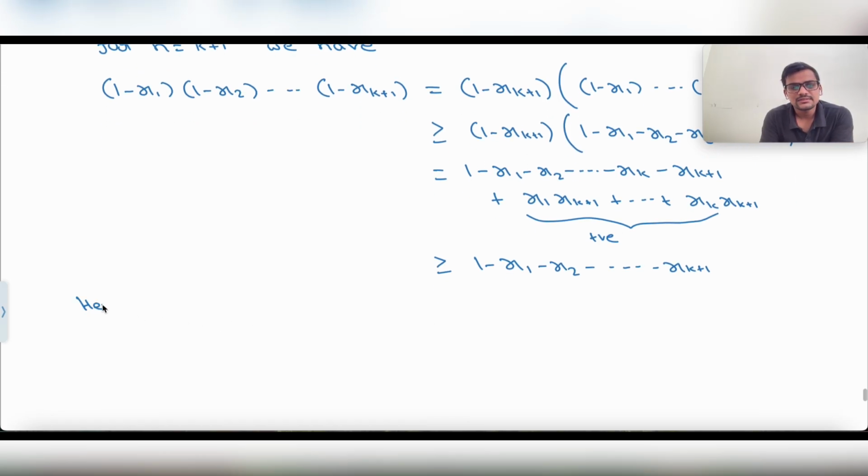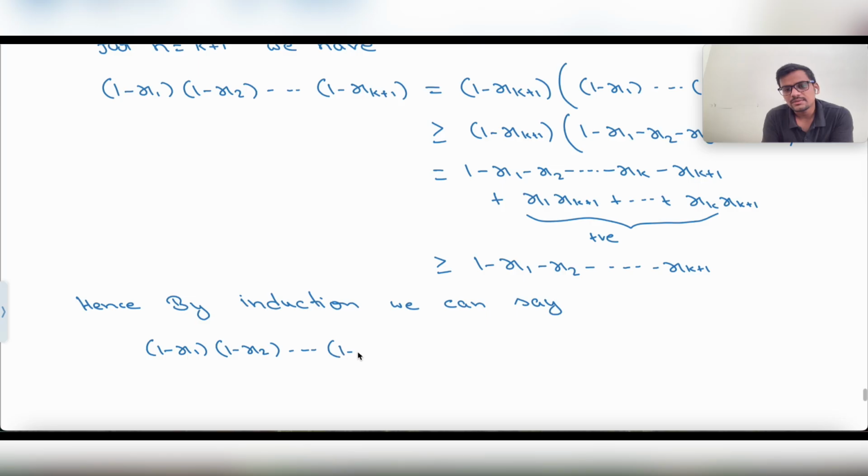Hence, by induction, or mathematical induction, we can say the product of 1 minus x1, 1 minus x2, up to 1 minus xn will be greater than or equal to 1 minus x1 minus x2 minus up to minus xn for all n belonging to natural numbers. Meaning for any number of real numbers we can say these things.